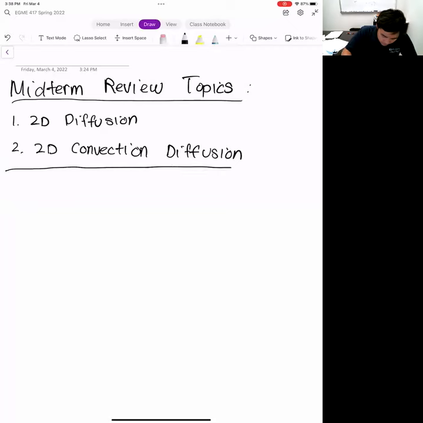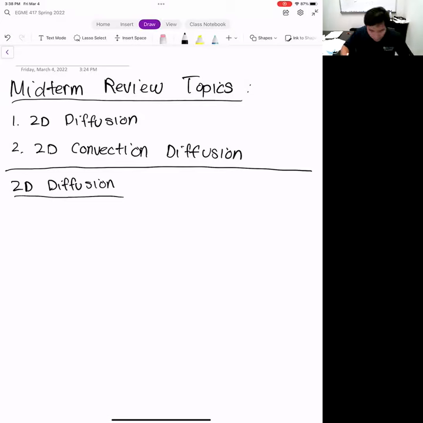Okay. So let's start with the winning topics. Let's start with 2D diffusion. And so 2D diffusion is basically just our usual conservation equation, but in 2D. Okay, and so a large portion of those notes actually refer to the technical details of writing a program that can solve 2D problems.